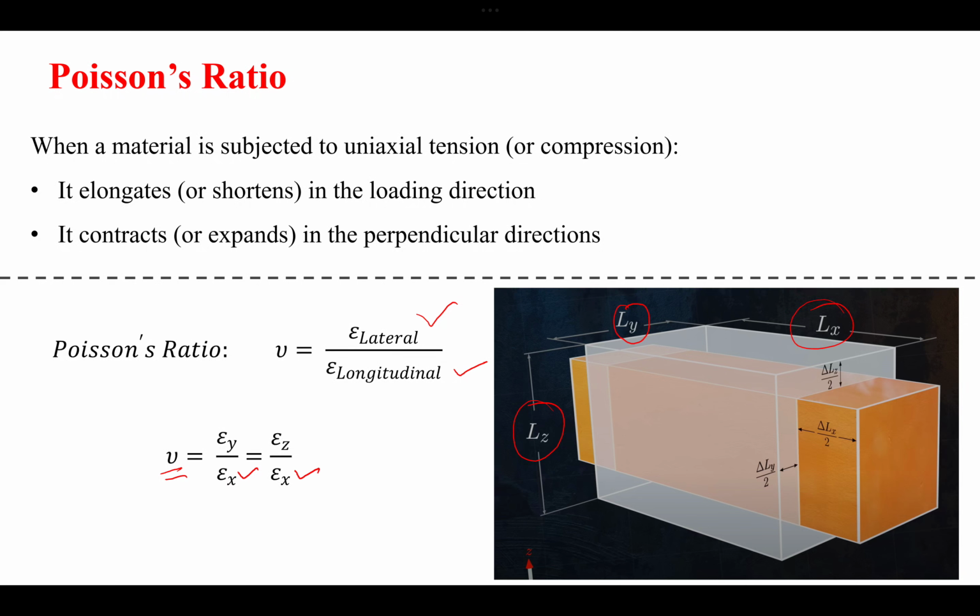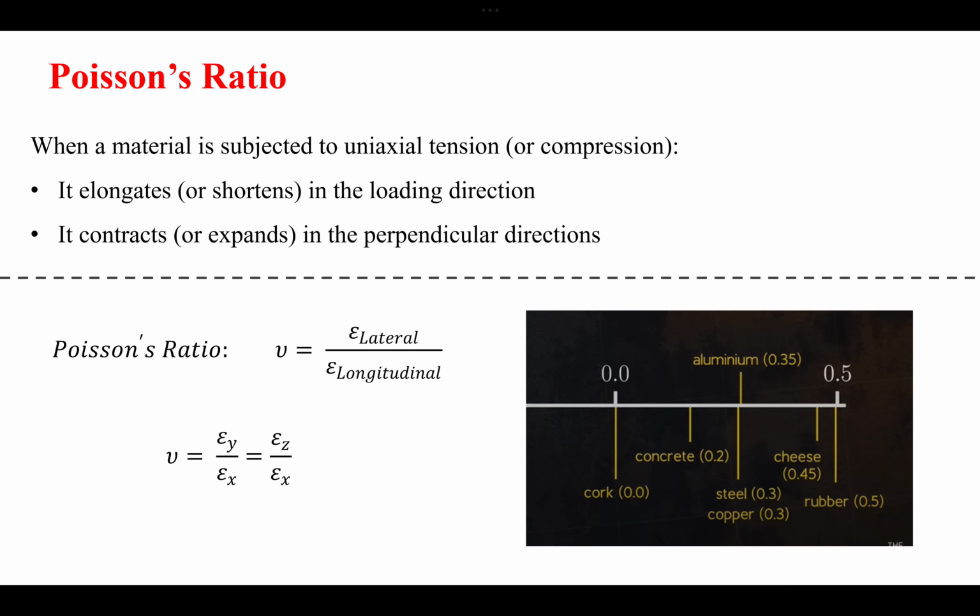So in both cases you will have strain in x, and then you can have the lateral axis as either y or z. It is assumed that the lateral axis strains are equal, so you can use any one to calculate the Poisson's ratio of the body. Very simple, straightforward, nothing complicated.